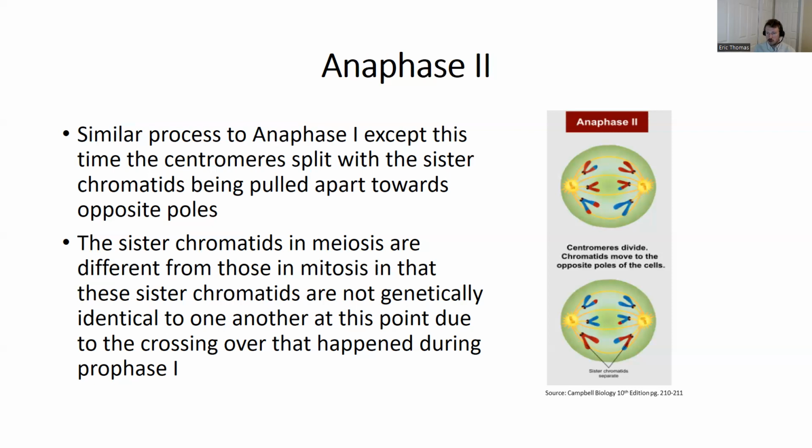So that's an important note to remember. Broadly speaking, homologs are not genetically identical to one another, but sister chromatids are, except when we're talking about the sister chromatids that have gone through meiosis already. So just an important thing to note.